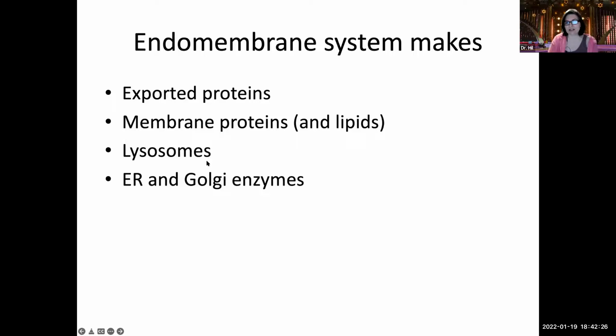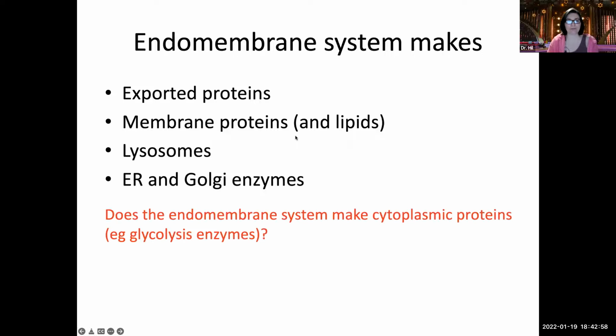I just mentioned this, not everybody knows this, but lysosomes don't just magically appear out of nowhere. They are made by having proteins made through the endomembrane system packaged into a vesicle that becomes a lysosome. And last but not least, in the endoplasmic reticulum and in the Golgi, there's biochemistry that has to happen. Those ER and Golgi resident enzymes don't just magically appear in those compartments. They are made by the endomembrane system and sent to where they're supposed to go.